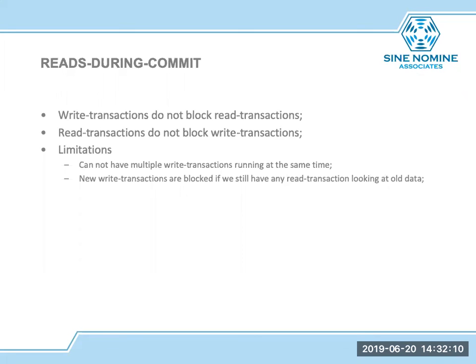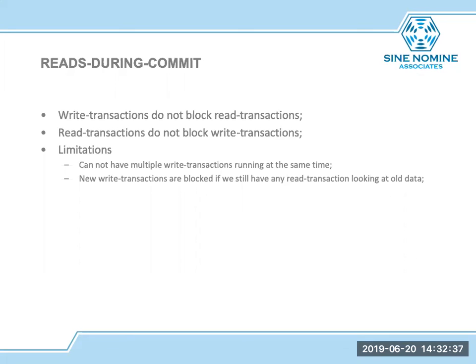The second limitation is that our write transactions are blocked if we still have any read transaction looking at the old data, which I don't think is a big deal, because read transactions can finish very quickly. But yeah, I had to mention that. So when you're looking at the old data, that's old data from the previous write transaction.